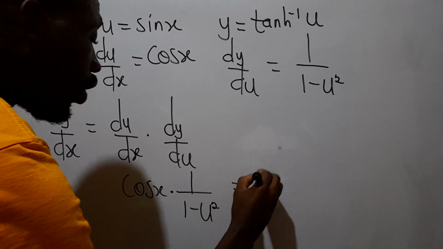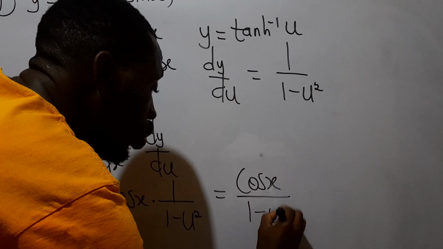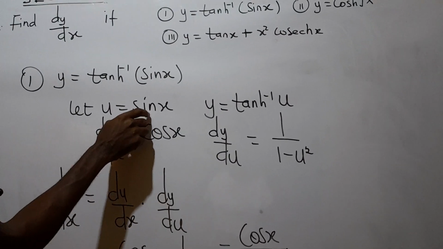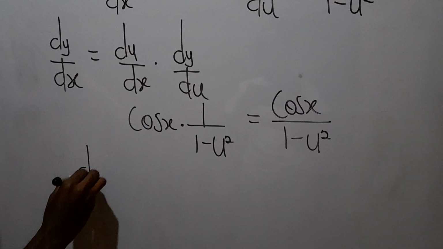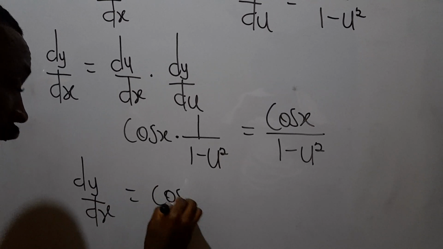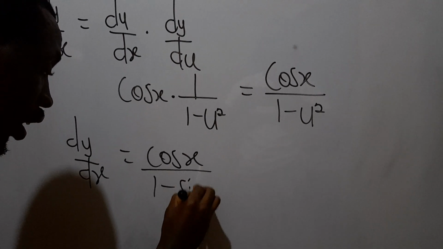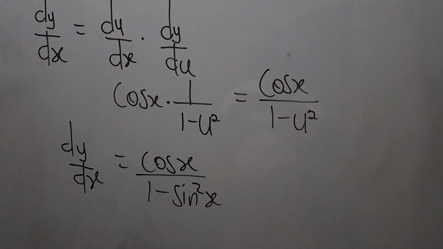On polishing this further, we'll have cos x all over 1 minus u squared. However, we know u to be sin x, so we substitute back. So we have dy over dx is equal to cos x over 1 minus sin square x. That's in place of u, we substitute sin x.